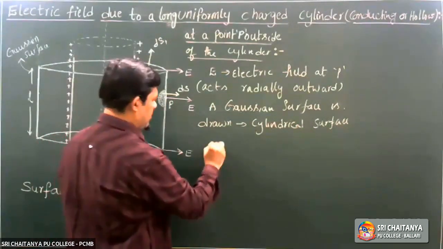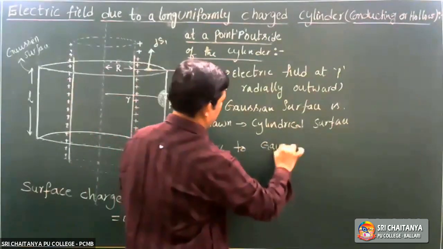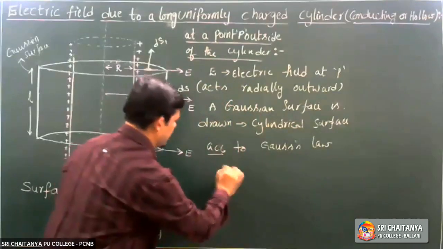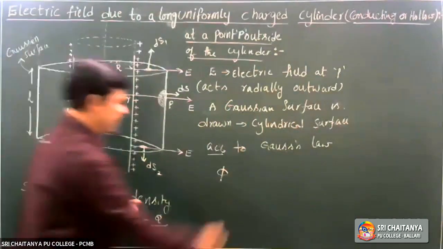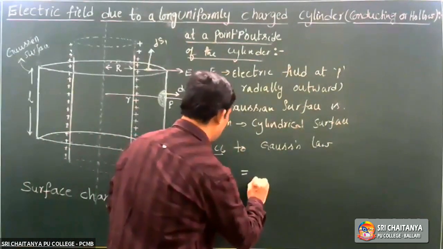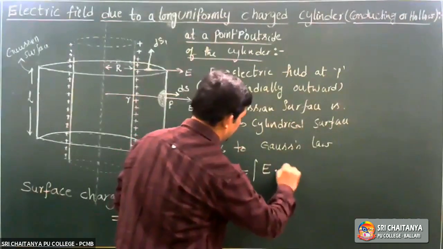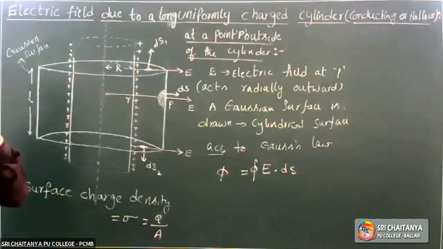According to Gauss law, total flux phi is equal to integral E dot ds, right?